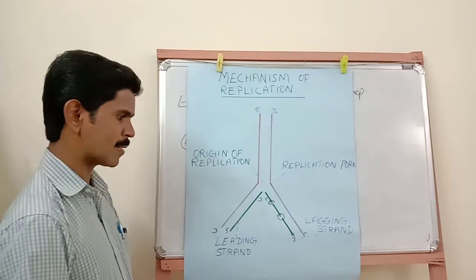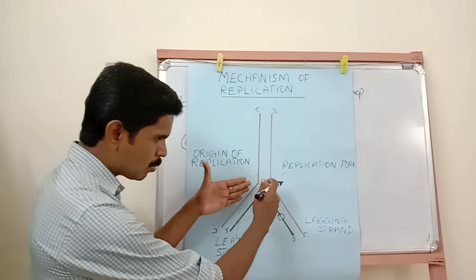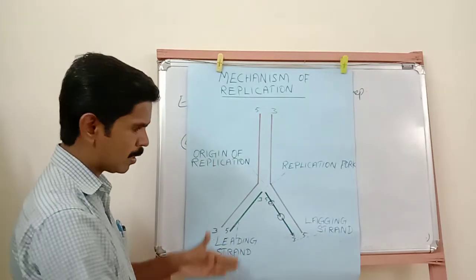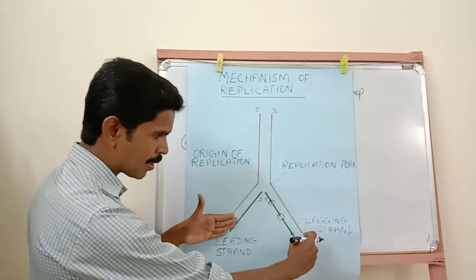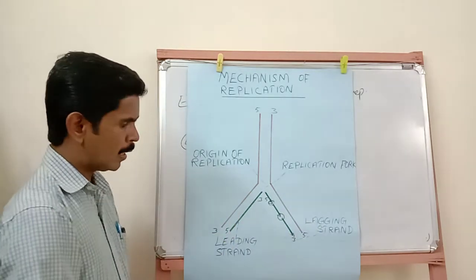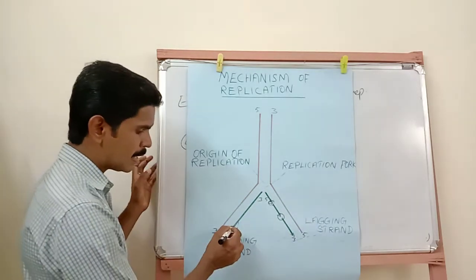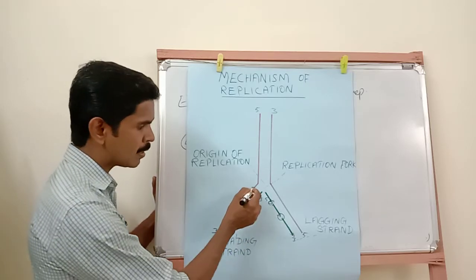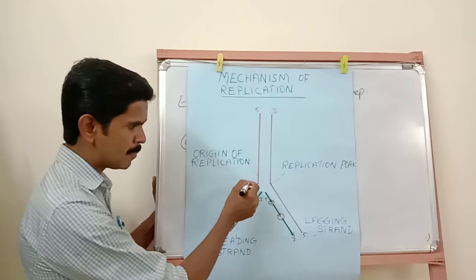Then the next point. When these two strands are moving away in different directions, the nucleotides in the newly synthesized strands pair with the template strand. Template strand means this strand.